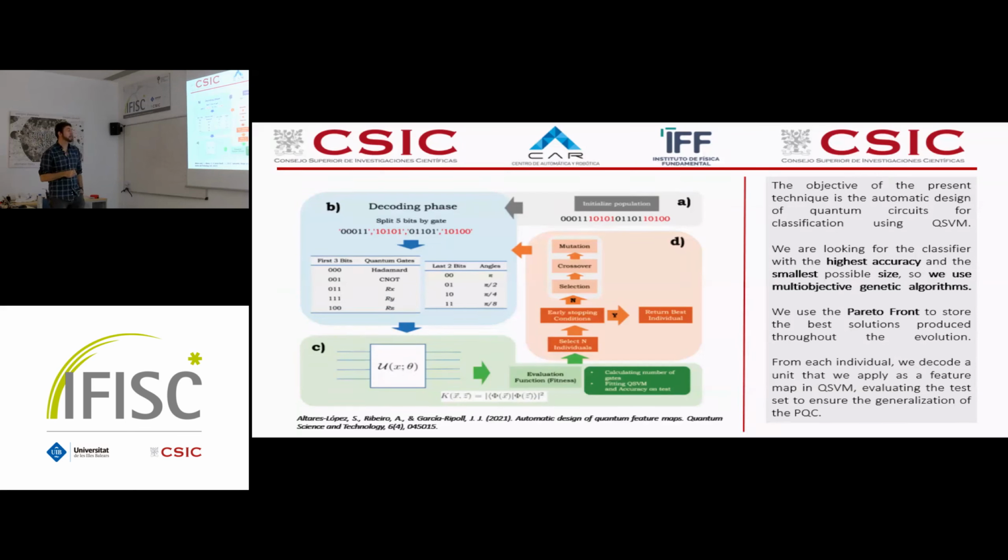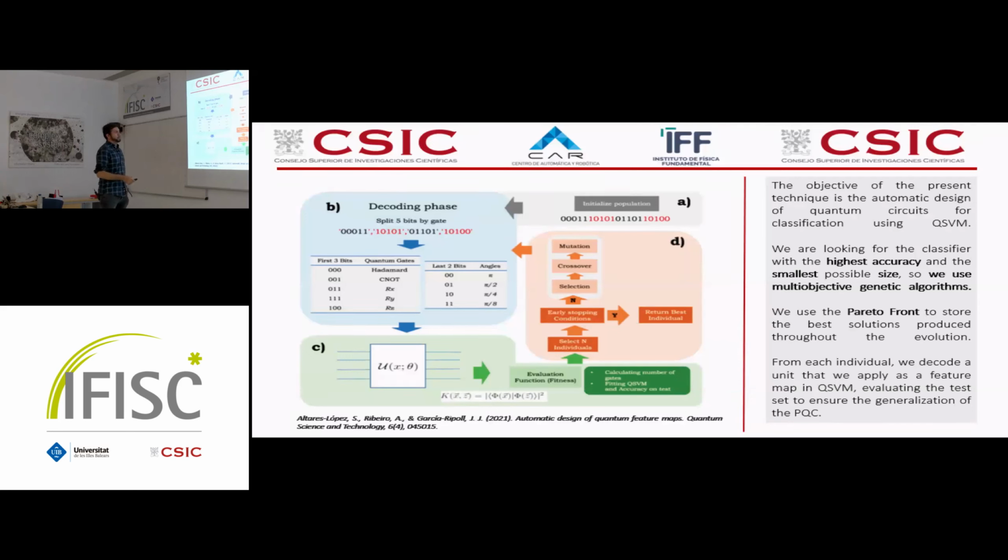We evaluate the accuracy and the number of gates, the complexity of the model. Then we select individuals with the genetic operators, and it's a loop until we reach the early stop conditions, which can be reaching the best accuracy or the number of generations of the genetic algorithm. So we have the best quantum circuit for our goal.